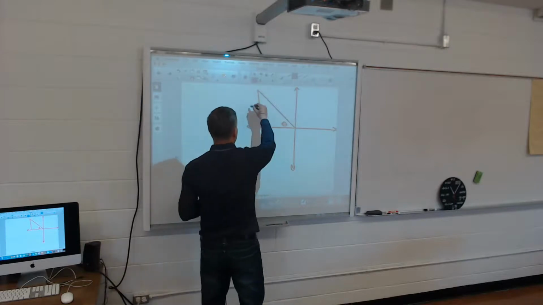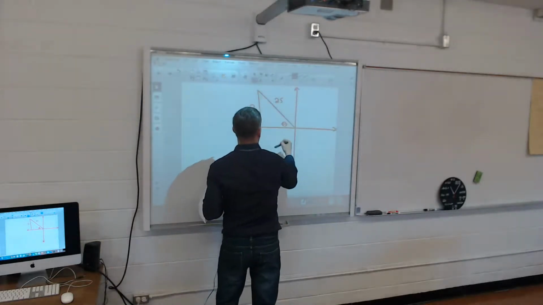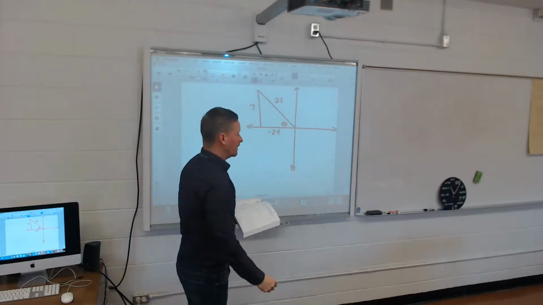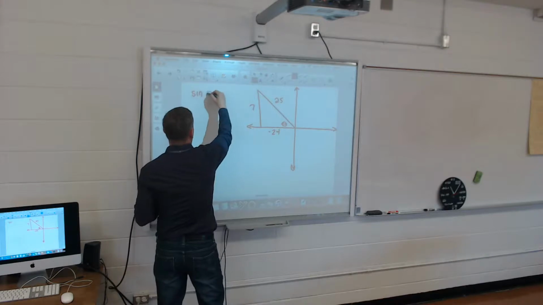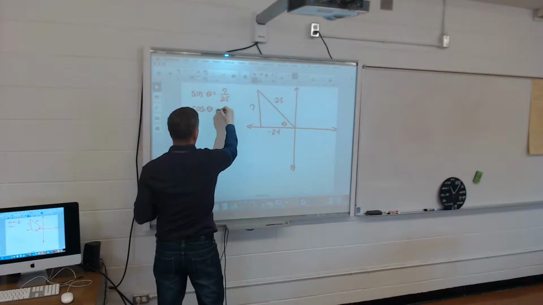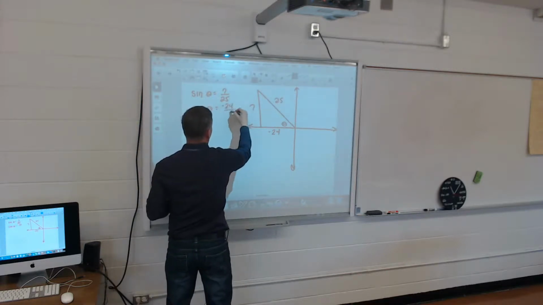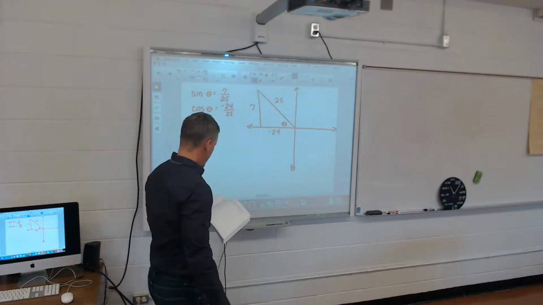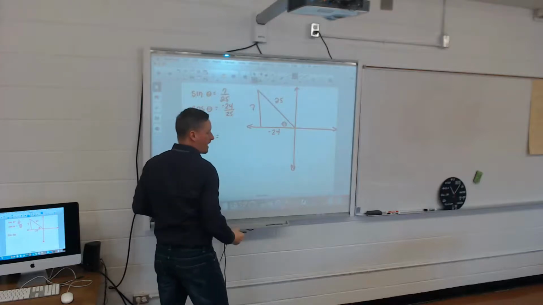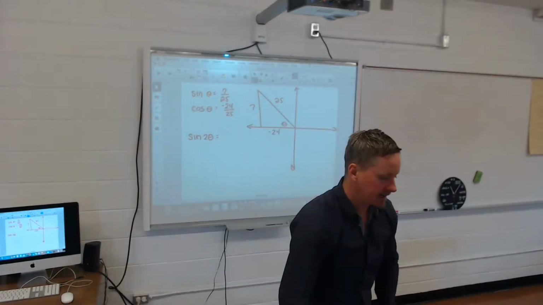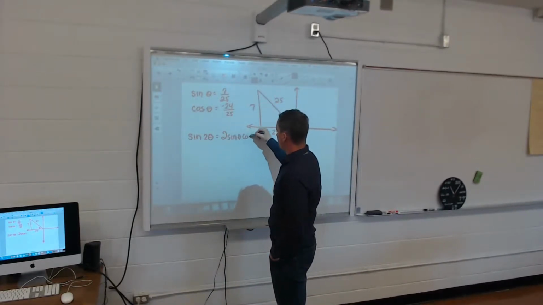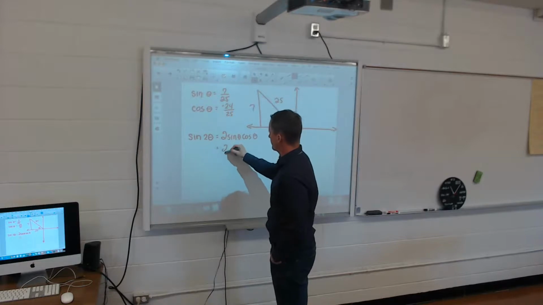So now I have 7/25 here, and I have -24 right here. So my sine theta is 7/25 and my cos theta is minus 24/25. But it asks for sine 2 theta, so I have to change that using my identity to 2 sine theta cos theta.